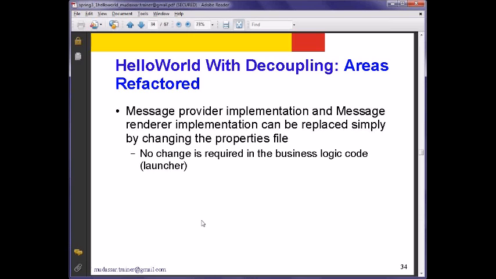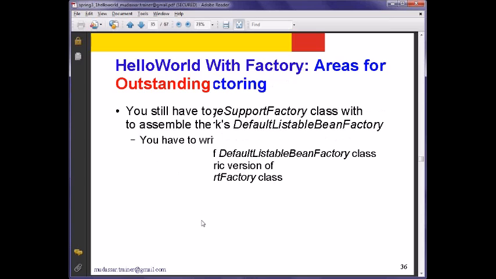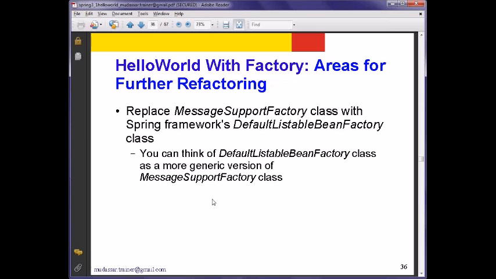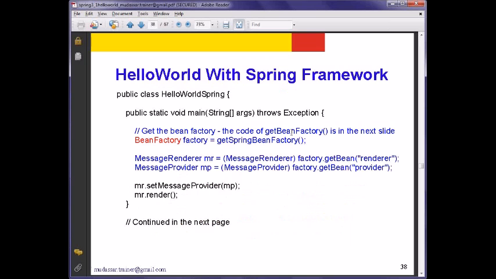So rather than reinventing the wheel, we might as well simply depend on something which already exists. So we are going to move to the Spring Framework's factory class, which is called the DefaultListableBeanFactory class. This is actually the factory class which is running inside Spring right now. So let's look at the change.